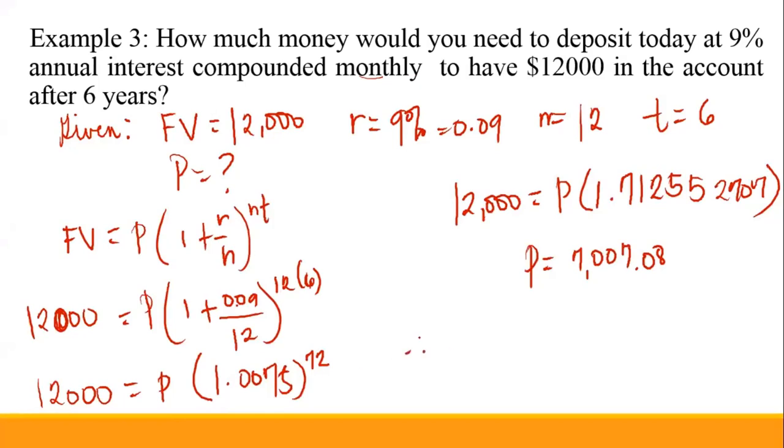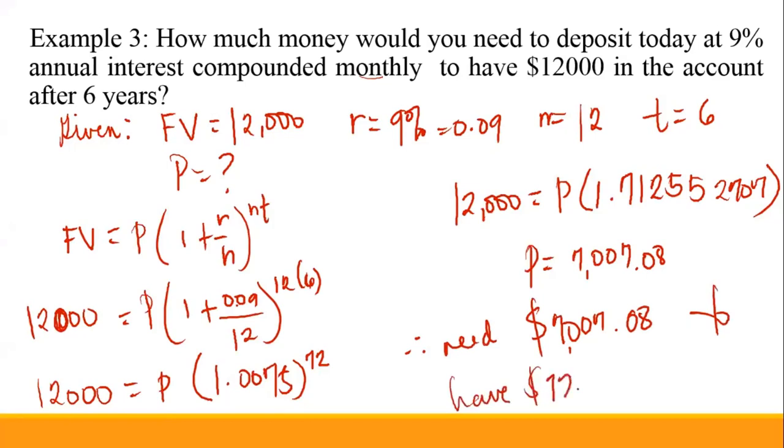So, you would need $7,007.08 to accumulate the $12,000 in 6 years. Okay, so paano natin nakuha yung 7,000? Dinivide lang natin ito ng 1 point something.